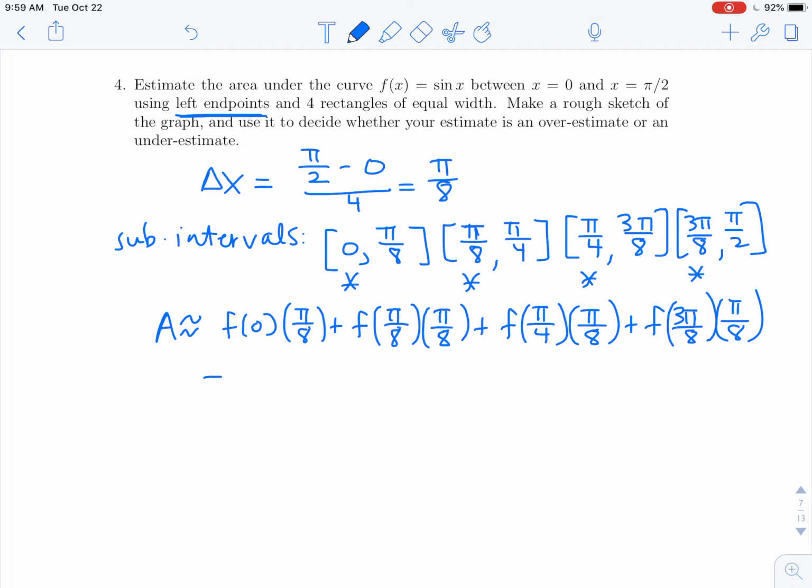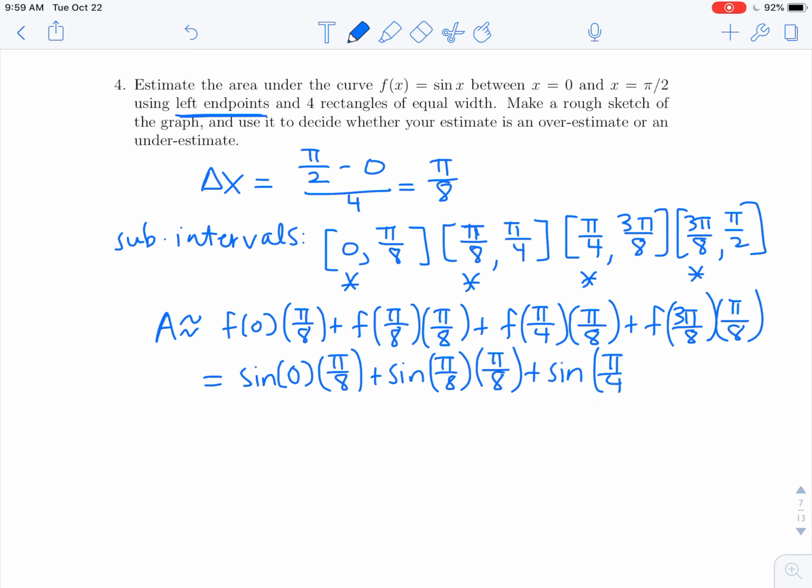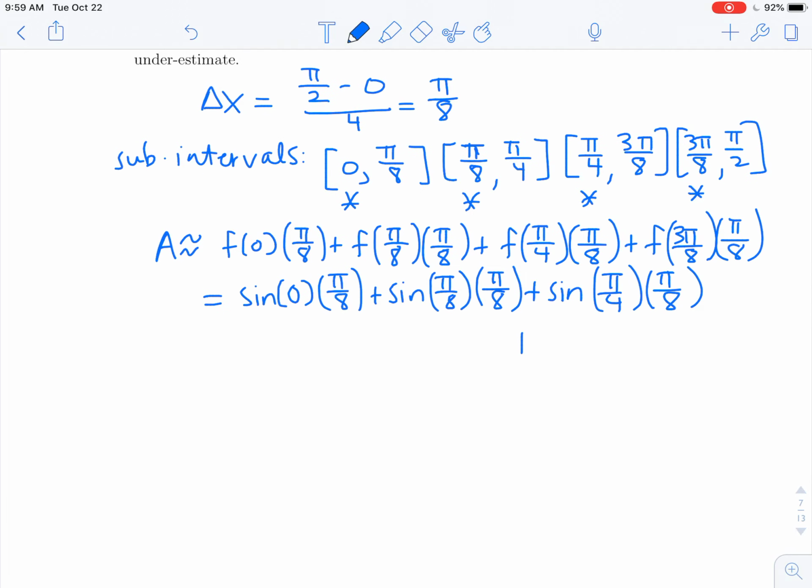And so in this problem, that works out to be sine of 0 times pi over 8 plus sine of pi over 8 times pi over 8 plus sine of pi over 4 times pi over 8 plus sine of 3 pi over 8 times pi over 8.